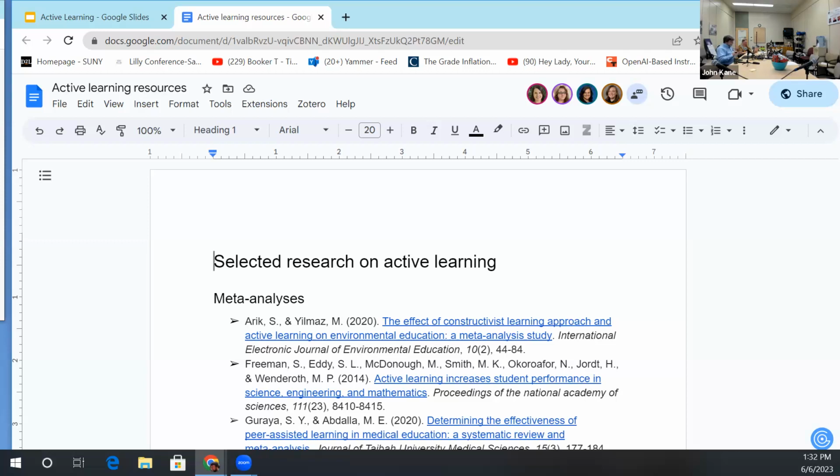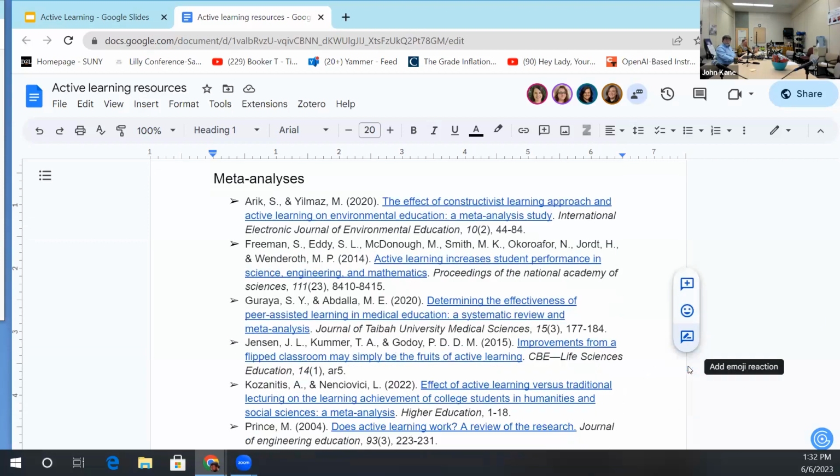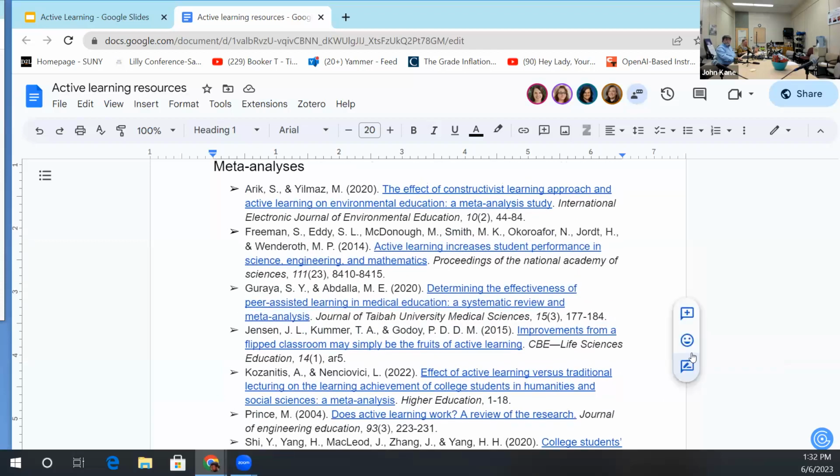So it gives you a distribution of the effect sizes of various educational interventions on student learning. And there's a lot of them here, mostly in the last decade or so. Some of them date back a little bit longer. But what they all find is that active learning techniques result in substantially more learning than lecture.